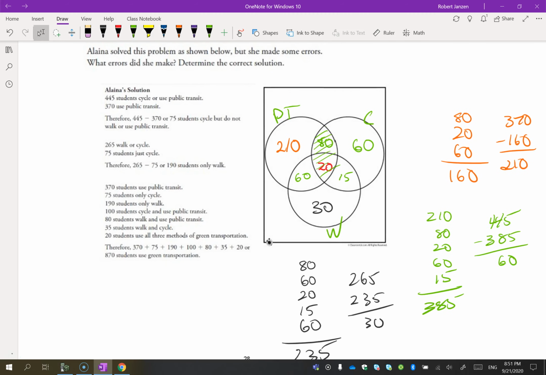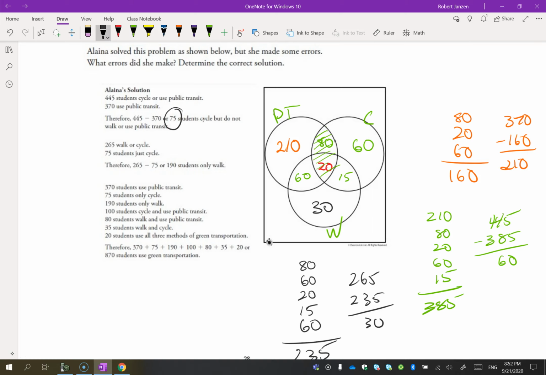So right here, she makes this conclusion. Is this true? 445 students cycle or use public transit, 370 use public transit. That means 75 cycle but do not walk or use public transportation. Well, that's 75, so that's actually true. Okay, and then she says 265 walk or cycle. 75 just cycle.